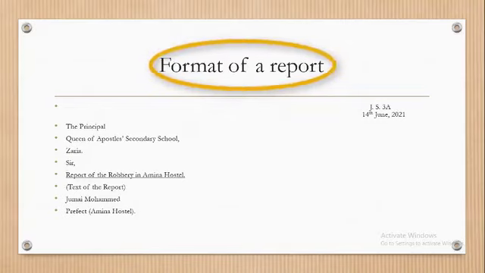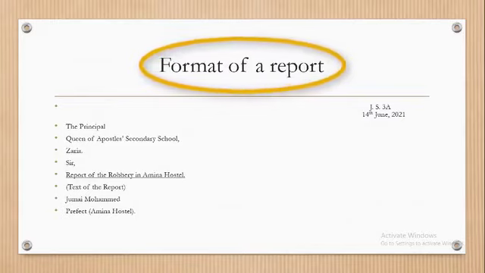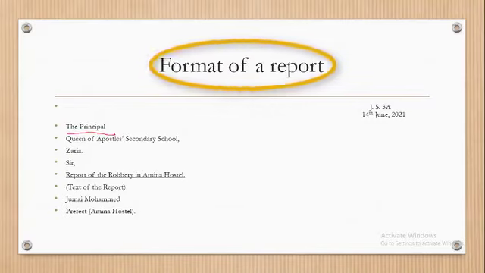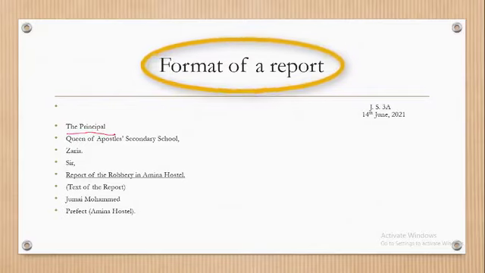It reads, "Sir, report of the robbery in the hostel." Remember, I told you to address it to somebody, most times in a position of authority, but it's not the same as a formal letter, even though the language to be used will be formal.